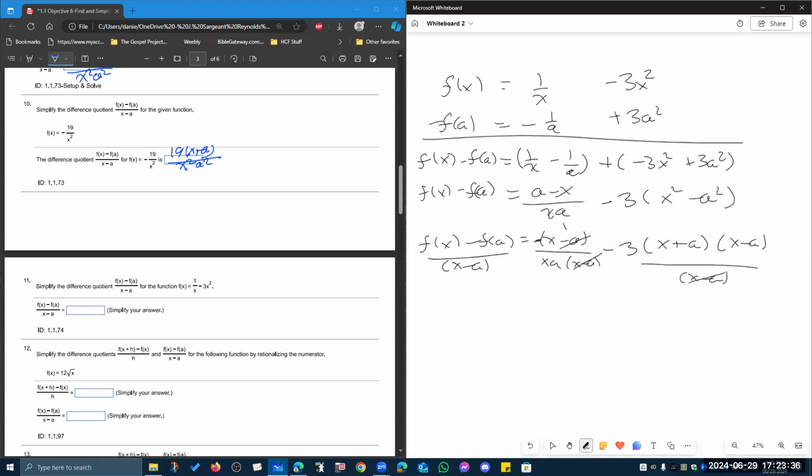So f of x minus f of a over x minus a is a negative 1 over xa minus 3x minus 3a. I think it's fine to leave it just like that. Your teacher may want you to make a common denominator, but I think that's fine. So let's go ahead and write that down and move on to the next one.